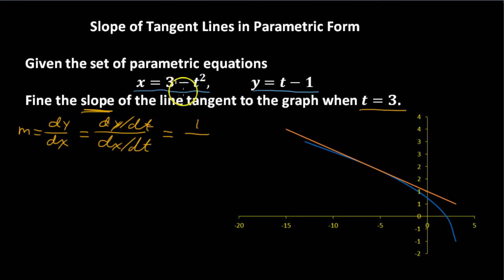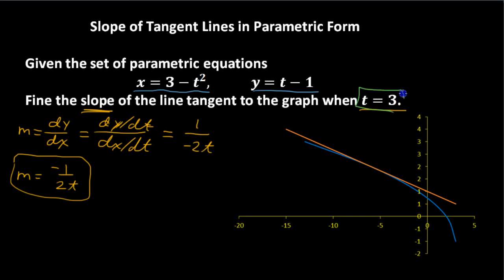And the derivative of x with respect to t is negative 2t. So the general form of the slope of this set of parametric equations is negative 1 over 2t. Okay, that's good to know, but we want to know specifically what the slope is when t equals 3.